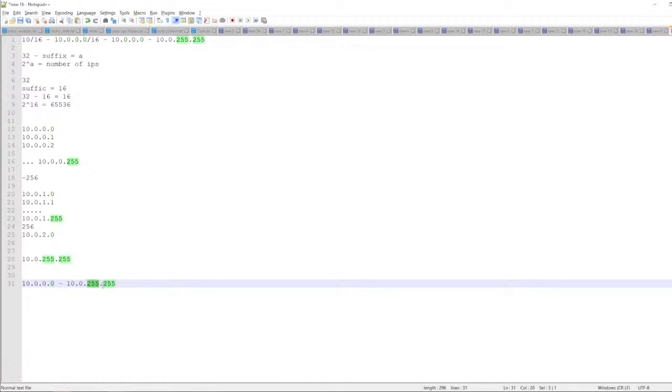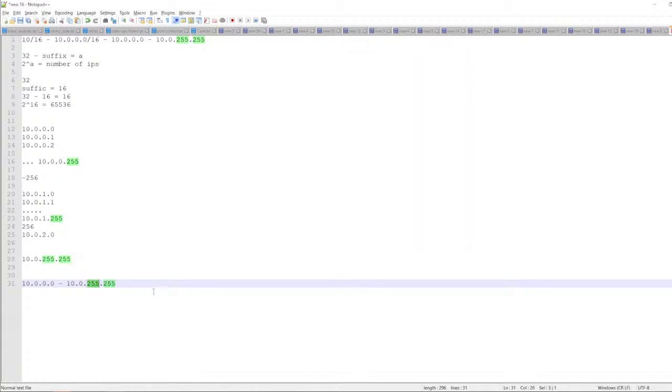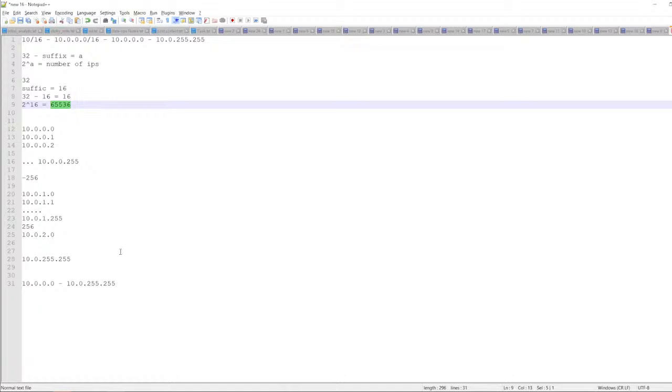If you multiply these two things, it will give you 65,000. If I multiply one more, it will go more, but it stays only up to here. What is the final IP range? 65,000. I can't go beyond this.